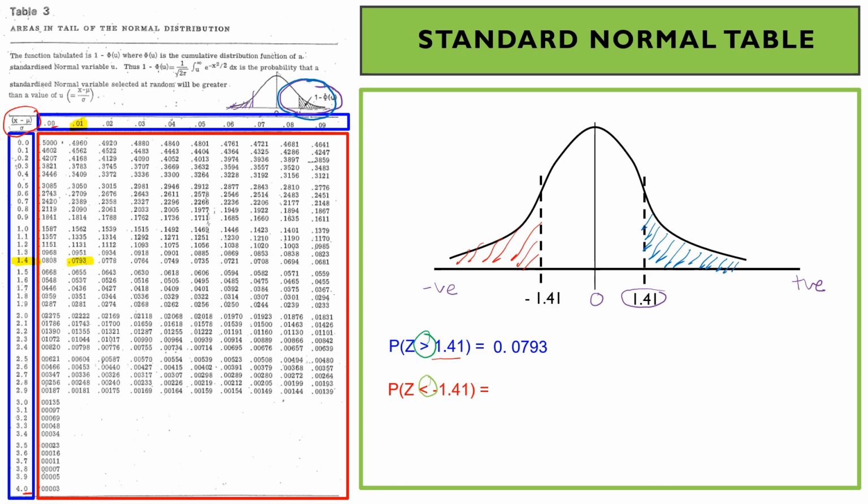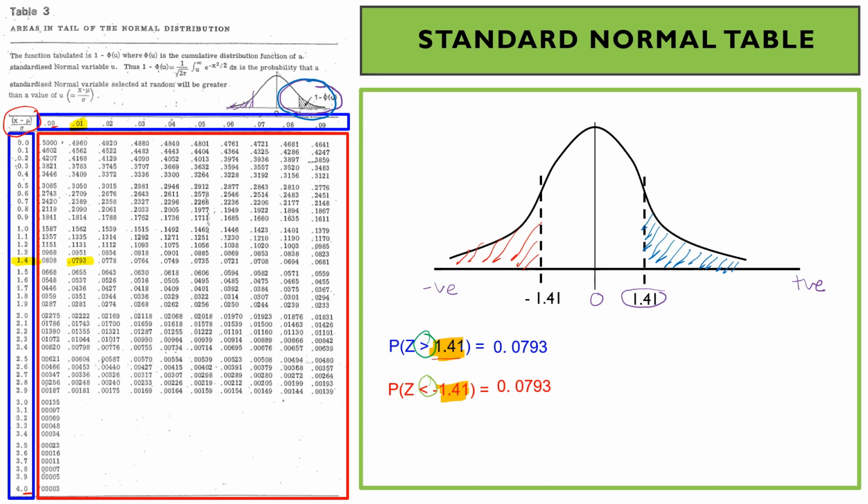Therefore, same answer as the first example, 0.0793. Same value 1.41, but different sign, positive and negative, and different inequality sign, more than and less than.